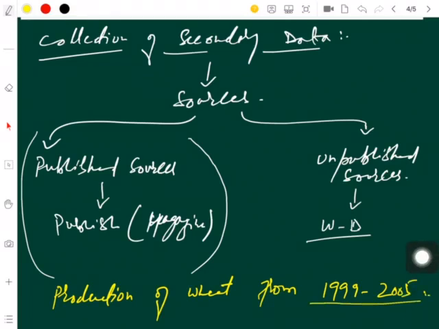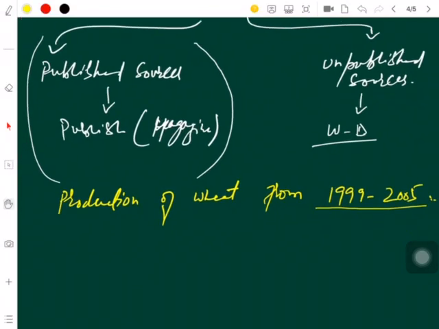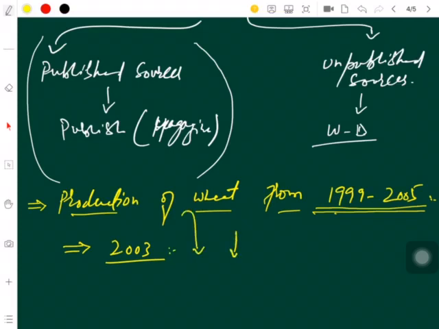Okay, this is my field of inquiry. I have been asked to look into the production of wheat from 1999 to 2005. While I was going through the data, I found there was a year, let us say 2003, in which the production of wheat decreased drastically.